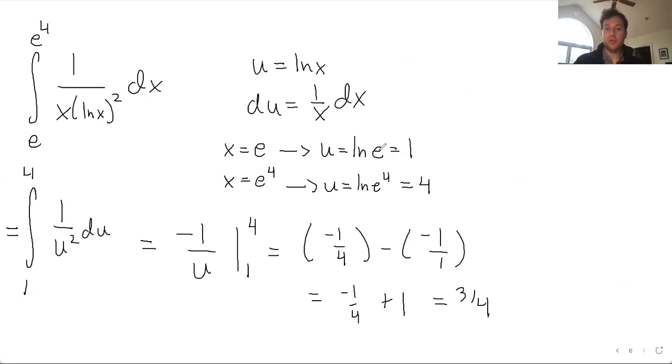We found the natural log of e and the natural log of e to the 4th, and we just used those outputs as our numbers here. So these two methods give us the same answer. It's just, is there one that makes more sense to you? If you don't really like this move of changing the bounds, don't worry about it and just do the indefinite version first.